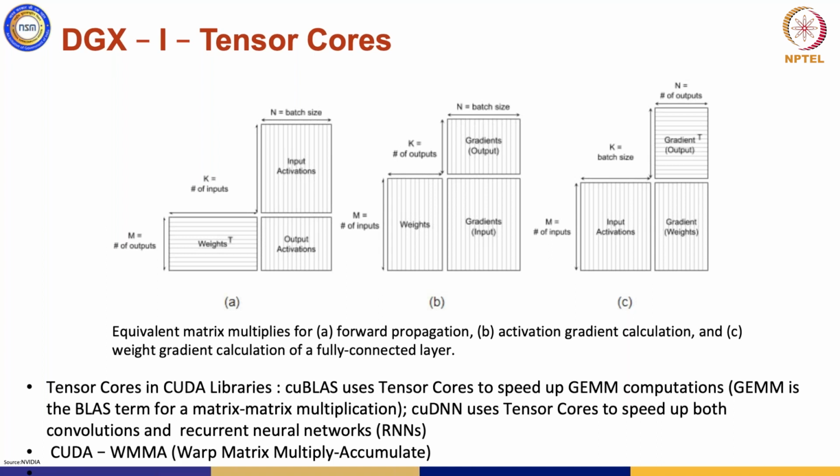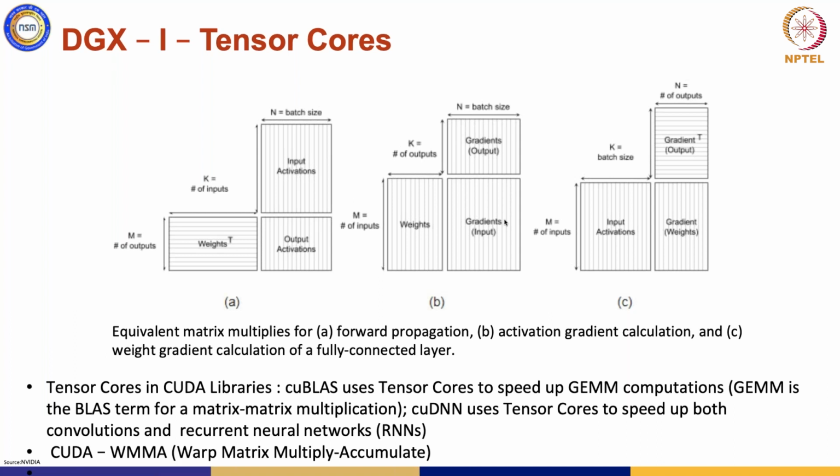You can see here the size of the matrices, and the output activations, input activations, weights, and all of that put in a manner which could be easily executed by tensor cores.